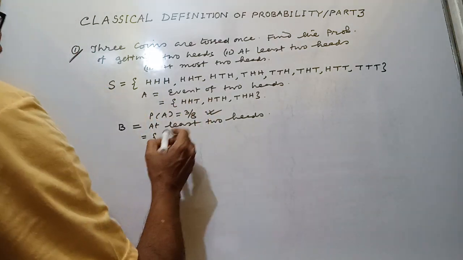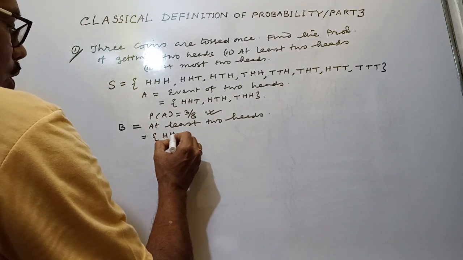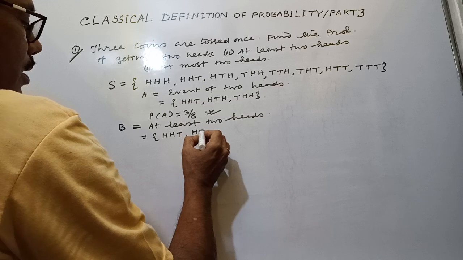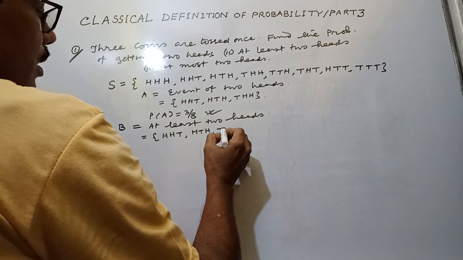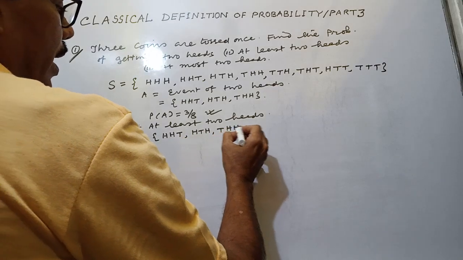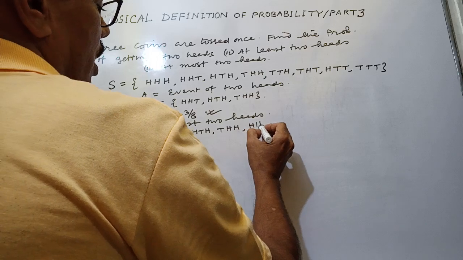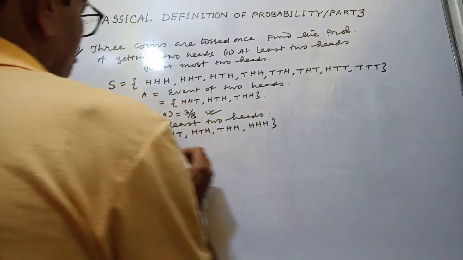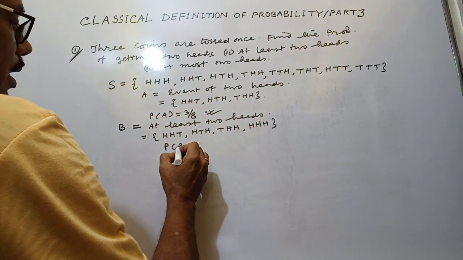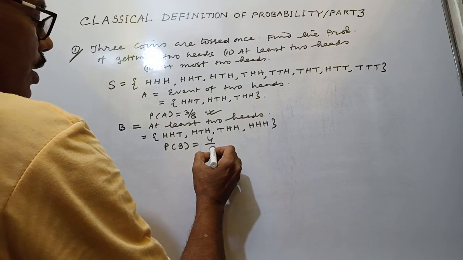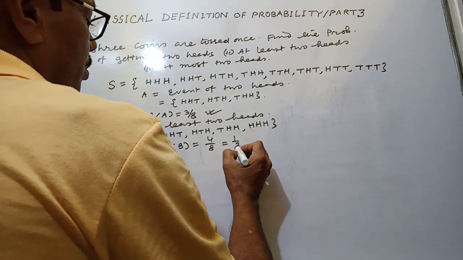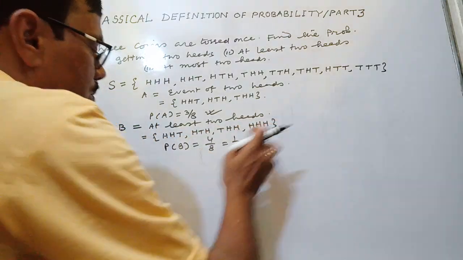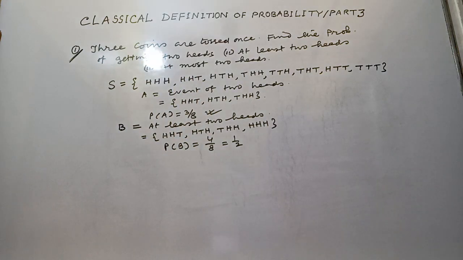So 2 heads we are already considering, and 3 heads is HHH. So what is P(B)? 4 by 8, which is half. Favorable outcomes 4 by total number of outcomes.